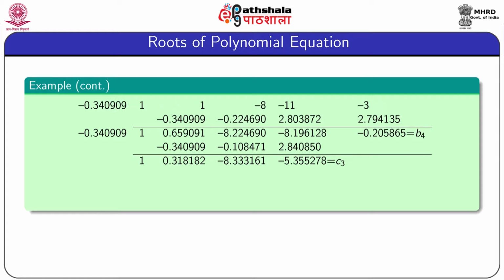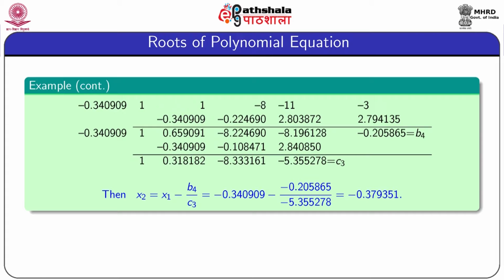The values of b's are shown in the third row of the table, and the values of c's are shown in the fifth row of the table, and therefore the second approximate value x2 equals x1 minus b4 by c3, which is equal to minus 0.379351.